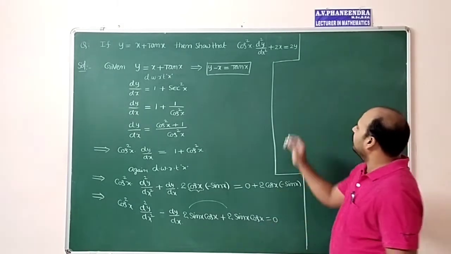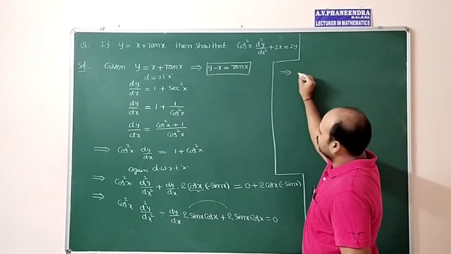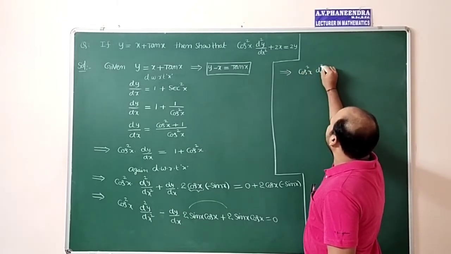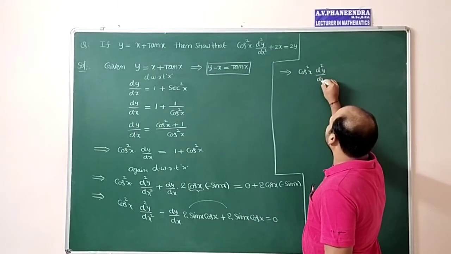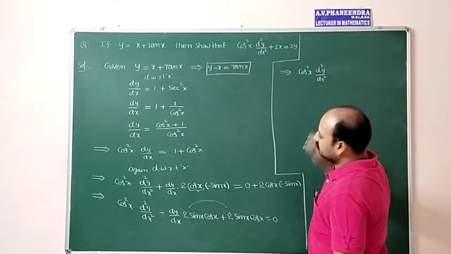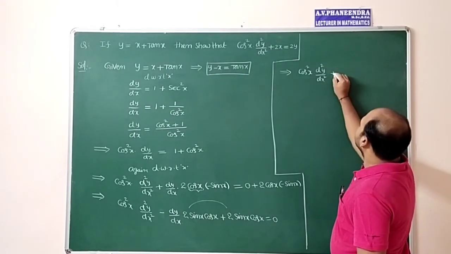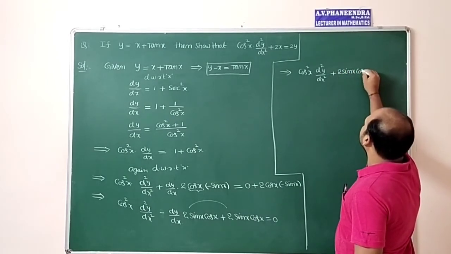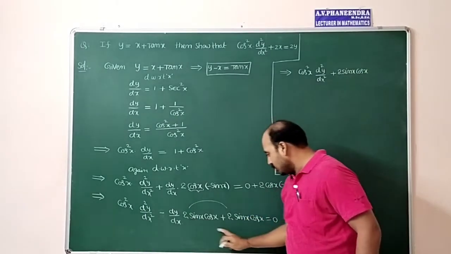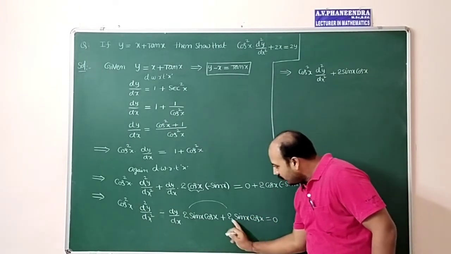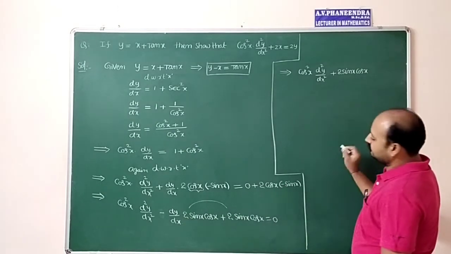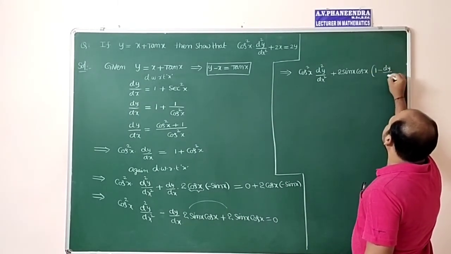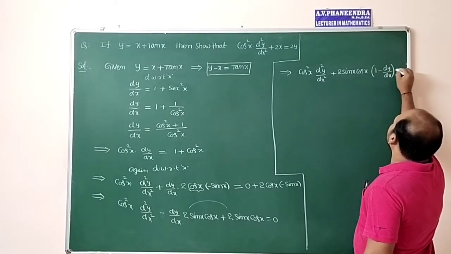So this equation will become cos² x into d²y/dx² plus 2 sin x into cos x, we are taking common, here 1 minus dy/dx. So 1 minus dy/dx is equal to 0.